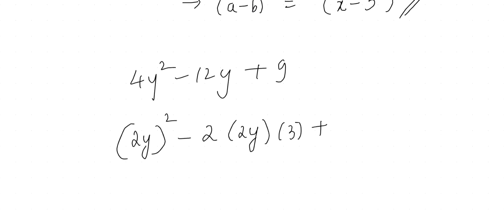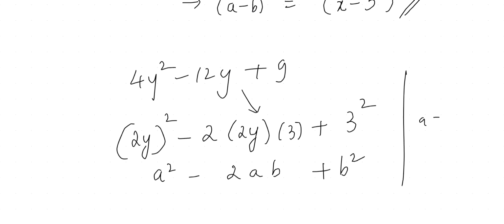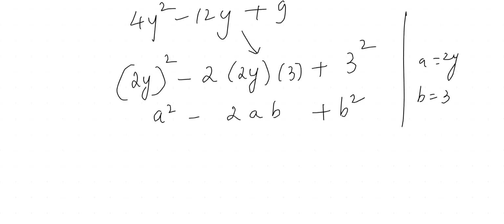I'm going to get this, isn't it? 9 is 3 square. Same thing, a square minus 2ab plus b square. A is like 2y and b is like 3. That will be a minus b the whole square, which will be 2y minus 3 the whole square.